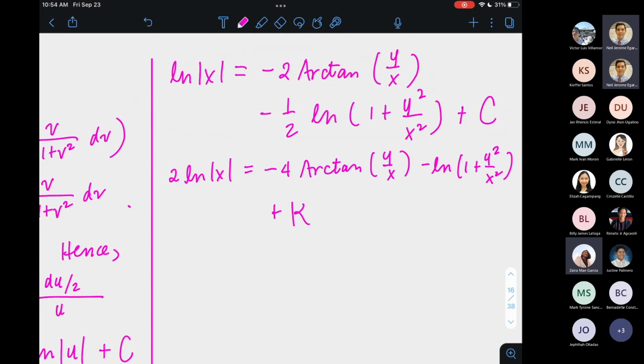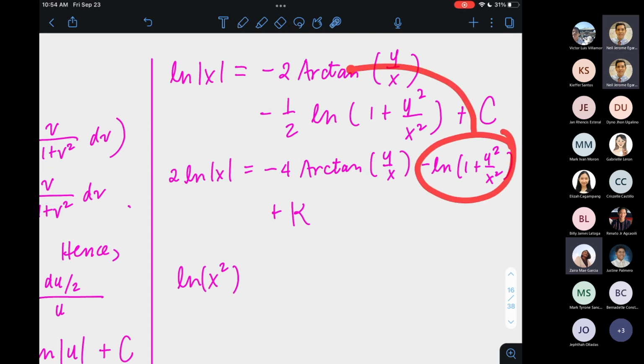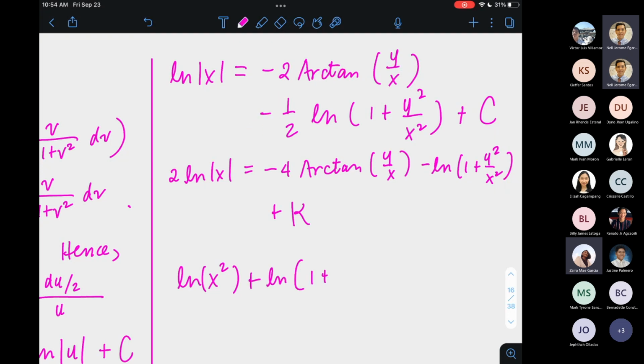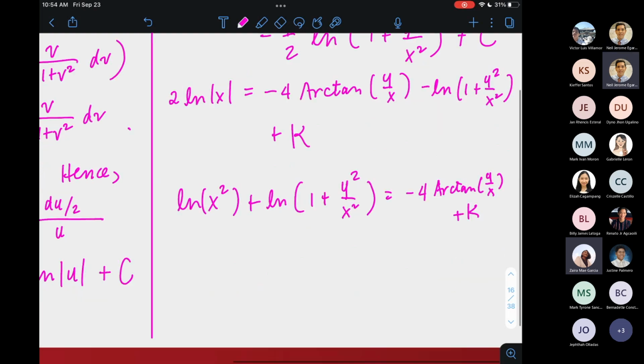Bakit ko siya ginawa? Para itong left side, masulat ko na ln na lang ng x squared. Right? ln ng x squared. Tapos ito, pwede kong i-transpose, magiging plus ln ng 1 plus y squared over x squared equals negative 4 arctan ng y over x plus k.